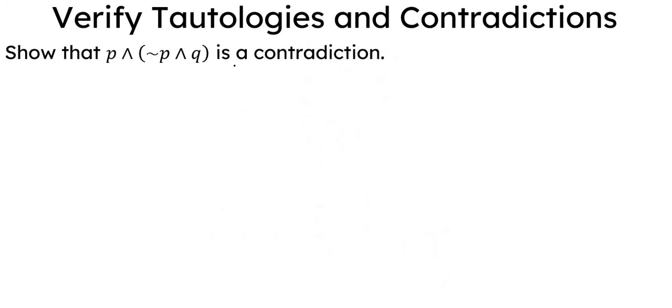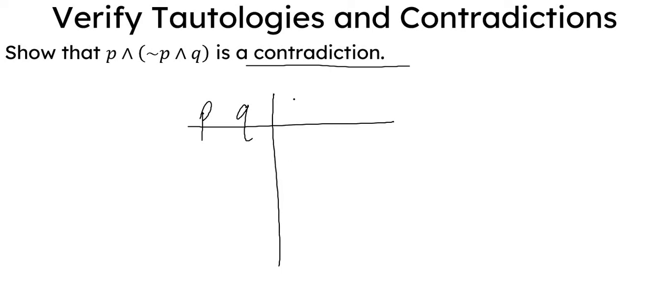So this time, we are asked to show that this is a contradiction. So pause the video, create a truth table, and see whether or not this is a contradiction. Alright, so we would have now our truth table here, which is P and (not P and Q). I'll have 1, 1, 0, 0, 1, 0, 1, 0 there.